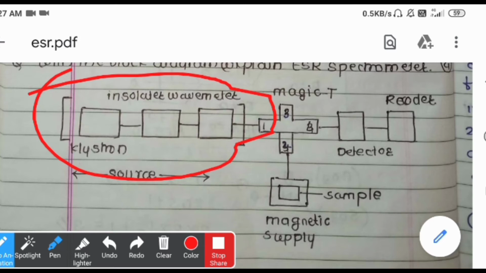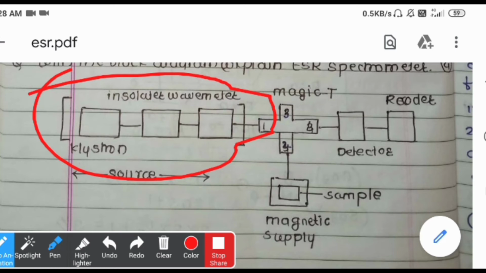Then next, various detectors are there, crystal detectors. Another important thing is the magnetic system, which is useful for changing the magnetic field. Then next are the modulation coils, and the last ones are the recorder and the display units.